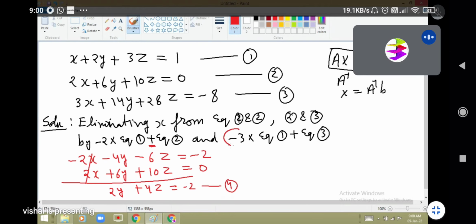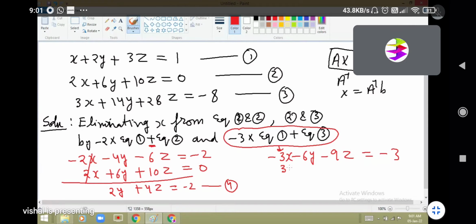Similarly, we multiply equation number 1 by -3. So this is -3x minus 6y minus 9z is equal to -3, and add equation number 3. Equation number 3 is 3x plus 14y plus 28z is equal to -8. We add these equations, so x will cancel out.